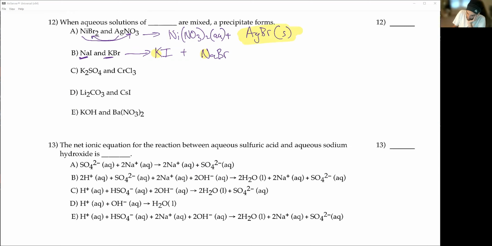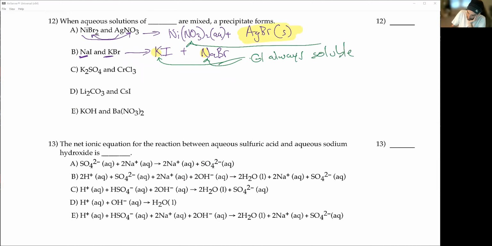So group 1 is always soluble. Much like nitrates, NO3 minus, always soluble.